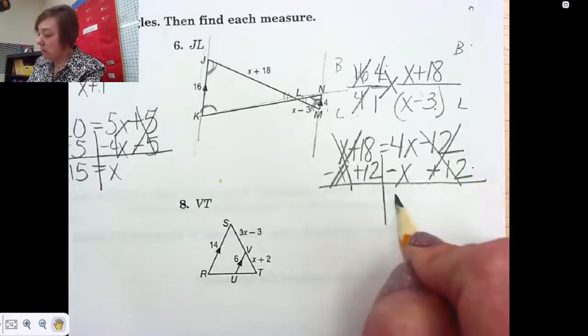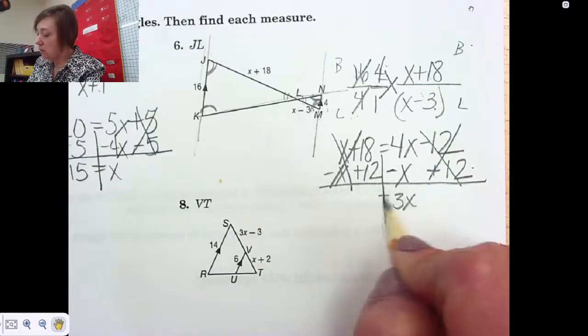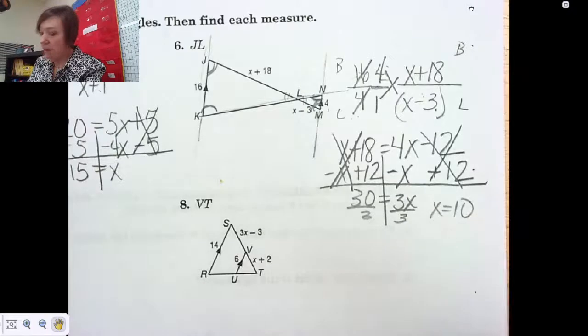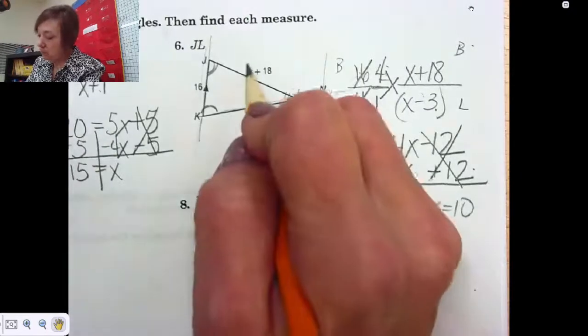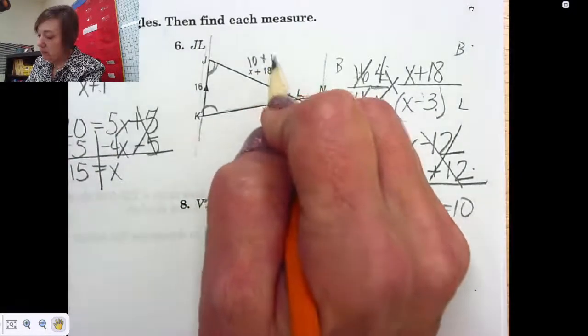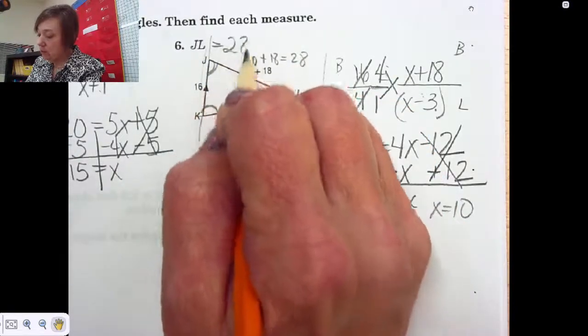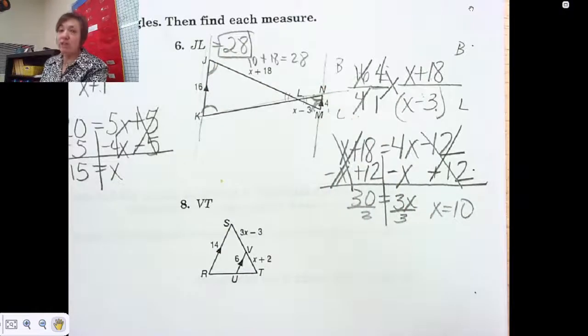So that gets me 3x equals 30. So divide by 3, what is x? 10. Is that my answer? No. What's my answer? 28. So my answer is 28. No units, because they didn't give us any units in this problem.